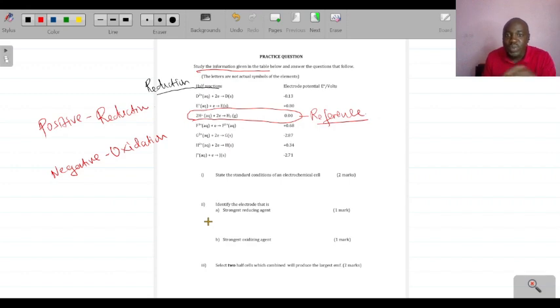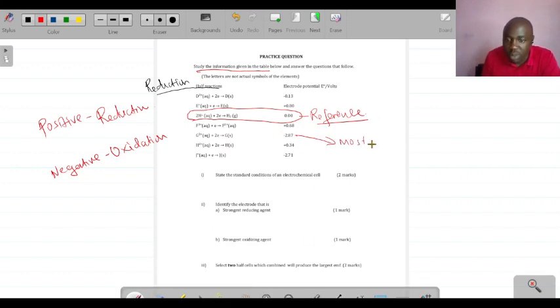So that now we know, like in our case, E is the most negative. Then we have our, let's use a different ink, we have our E with plus. So it is the most positive. So that with that information, now we are able to answer our question.